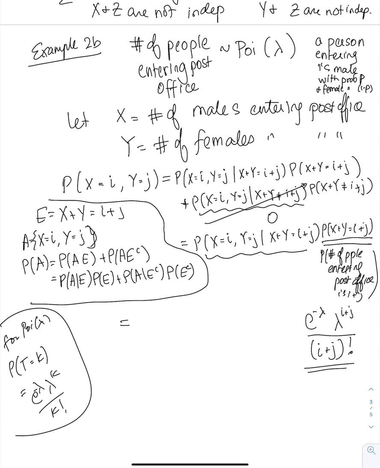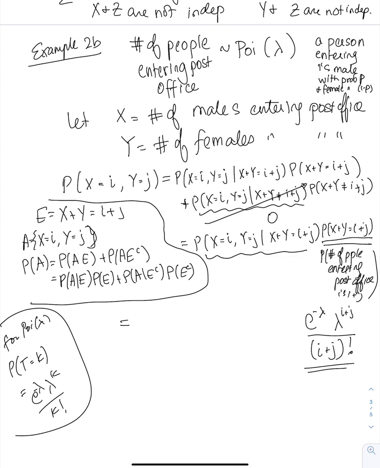Now let's look at this first term. What are you asking over there? What's the probability that i men come in and j women come in, given that there's i plus j total people? You're given that the total number of people who entered is i plus j. So you're asking, given that information, what's the probability that from these i plus j people, i of them are men?